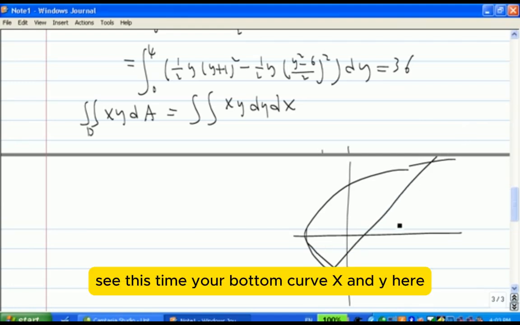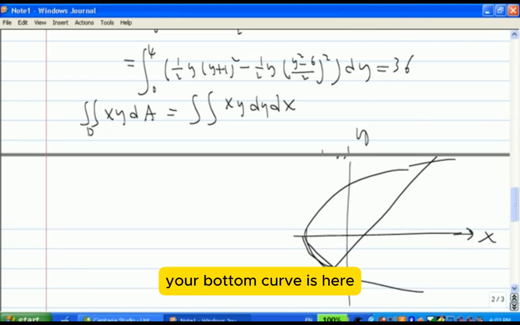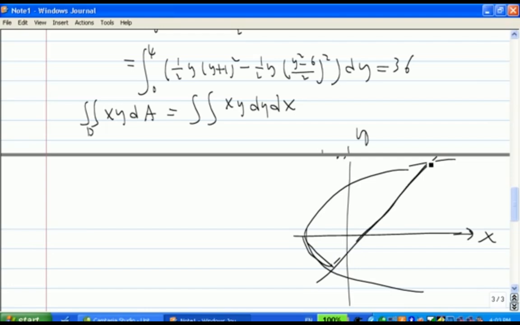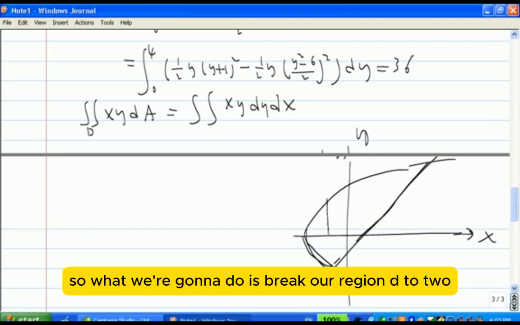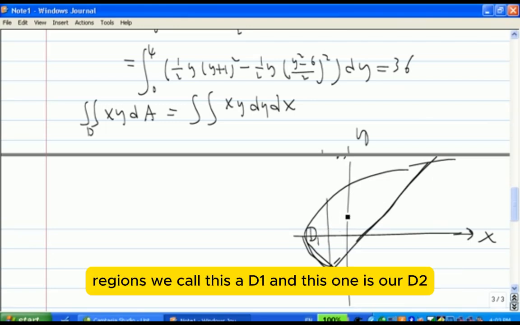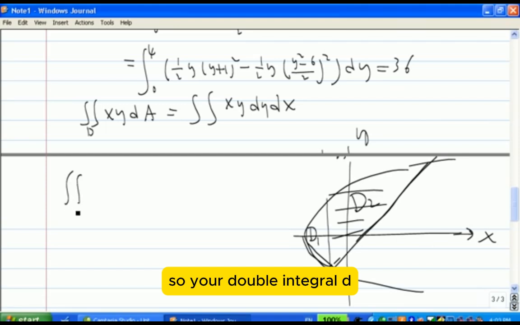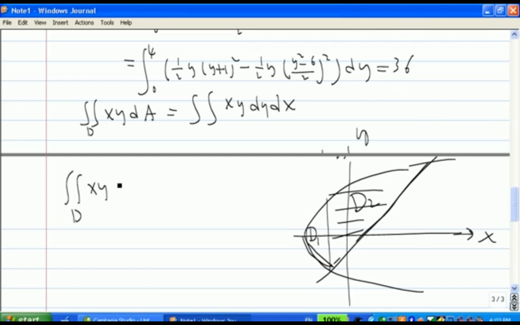Let me draw this one again. See, this time your bottom curve is here and that. So what we're going to do is break our region D into two regions. We call this D1, and this one is our D2. So your double integral over D. Think about that.